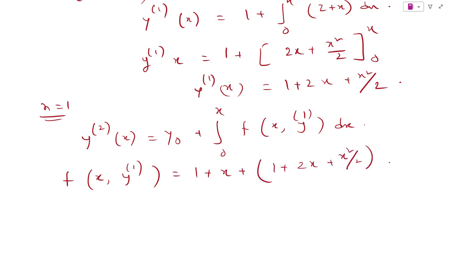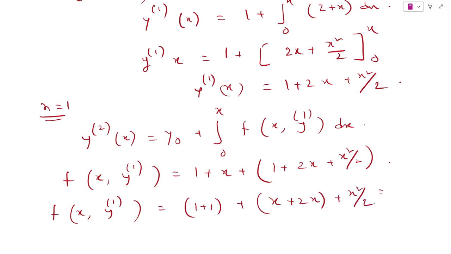Let's combine like terms. This is 2 + 3x + x²/2, right? Now substitute this combined integrand into the integral for iterate 2.